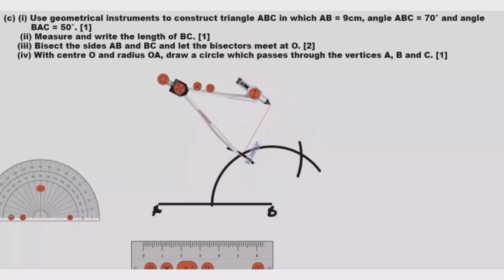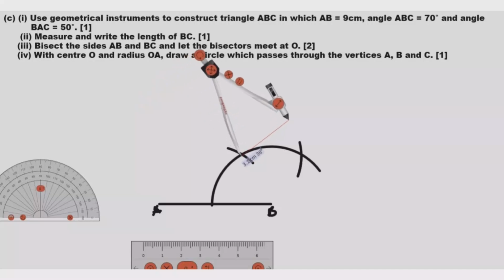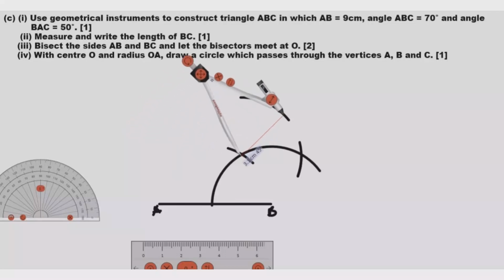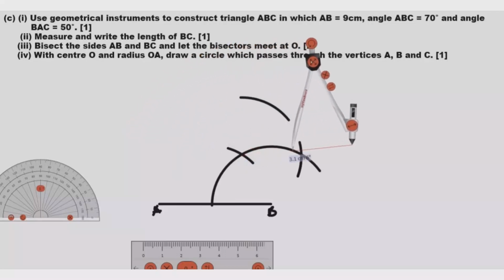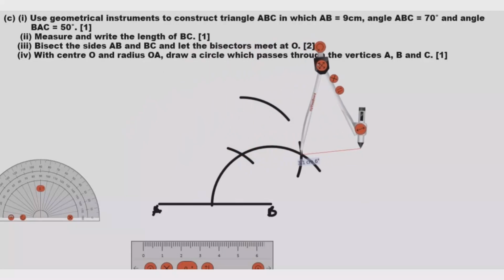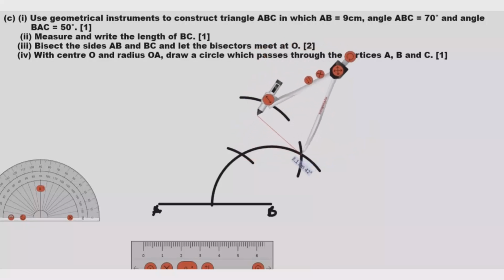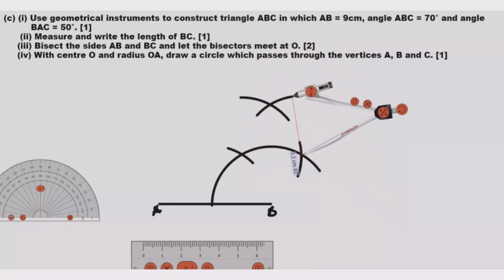Remember I want to draw 90 degrees, so my arc will start from here. Then I'm going to change the point and bring the compass here. Then after I bring the compass there, I'm going to draw the arc again here that passes.